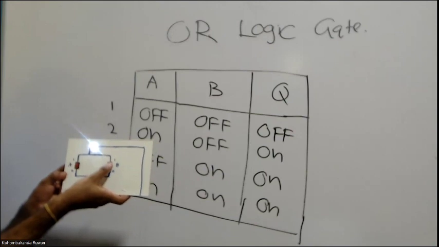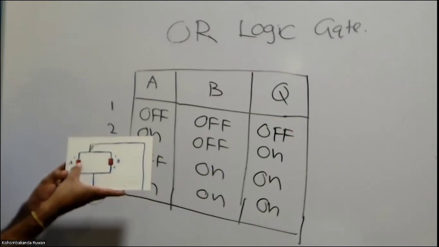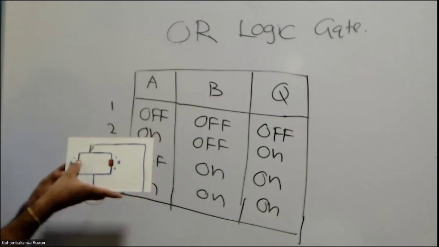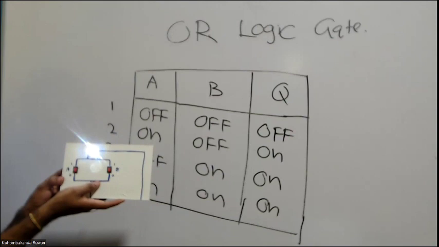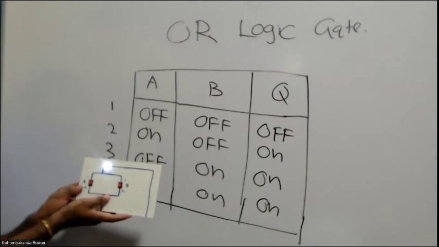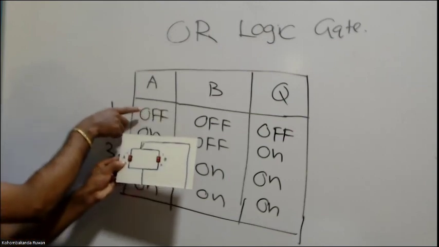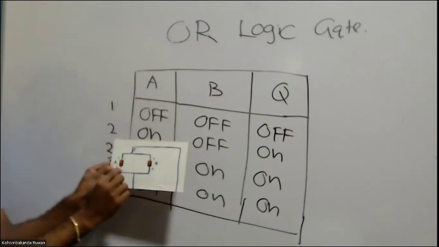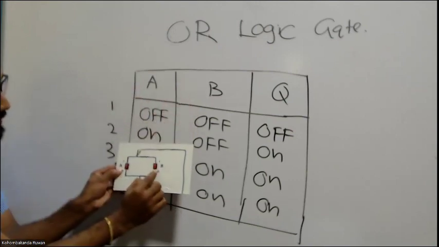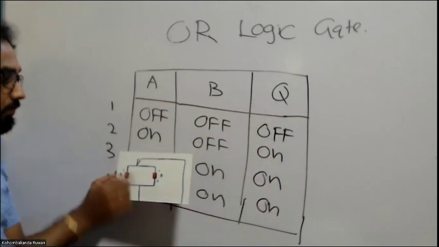Again I will switch off B and A. Now I switch on A and switch on B. Same, you can see the bulb is on. Now both are off, switch A off, switch B also off. That means the bulb is also off.